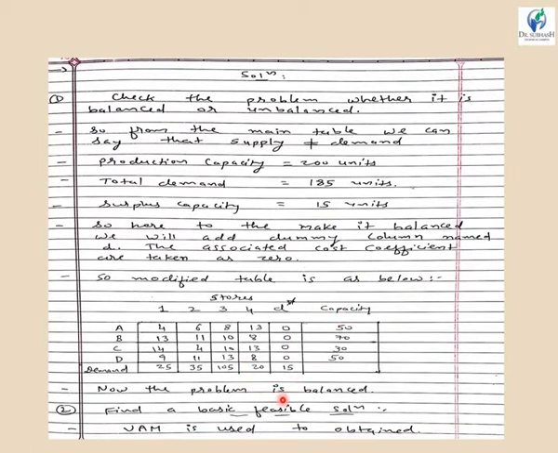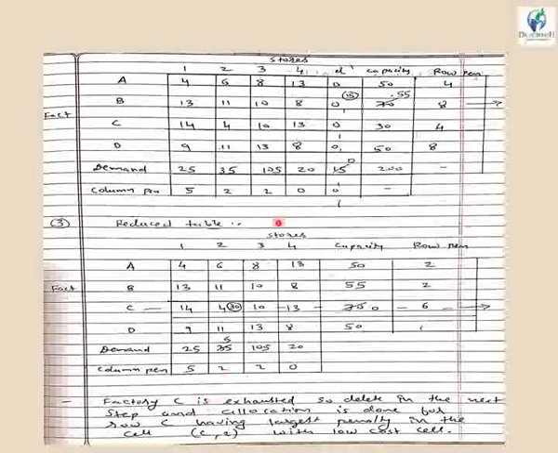So now the problem is balanced, and now we will try to obtain the basic feasible solution. Using the Vogel's method, we have obtained it over here. Why is Vogel's method preferred? Because it will take you closer to the optimal solution as compared to the other two methods.